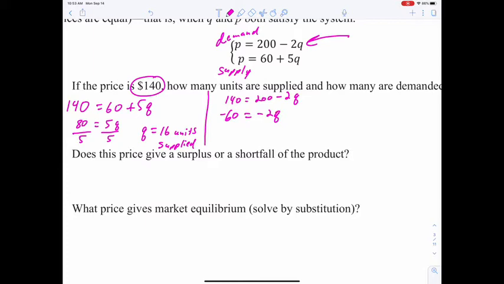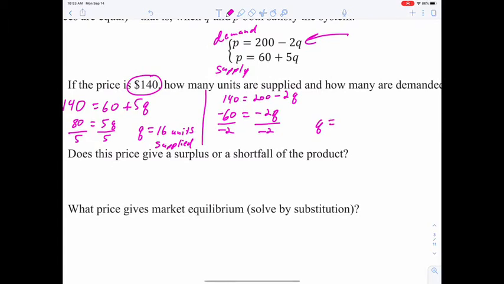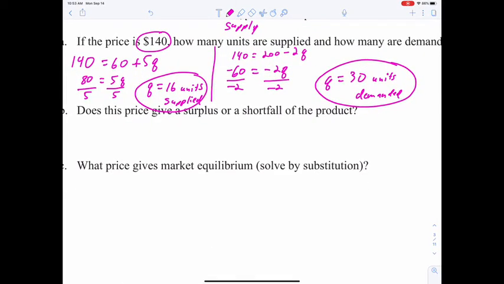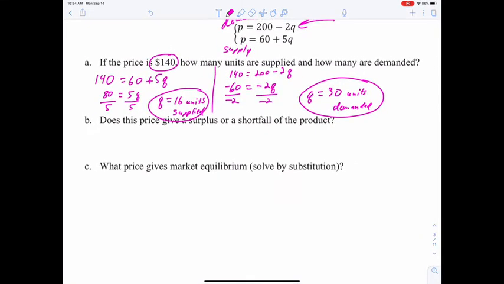All right. Then we divide both sides by negative 2. And Q equals 30. All right, so that's 30 units demanded. And there we go. So we answered both questions there.